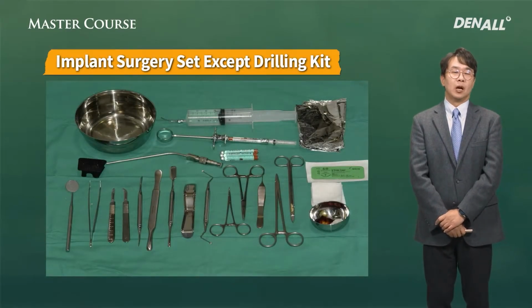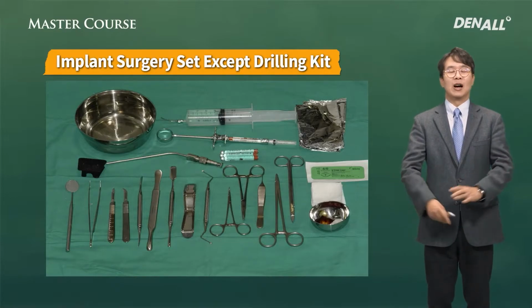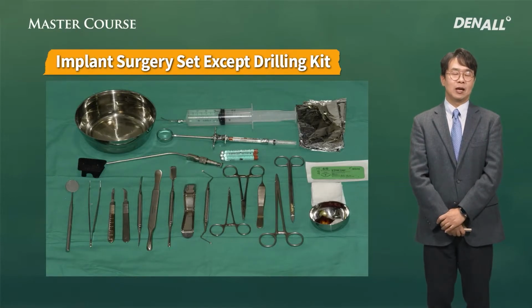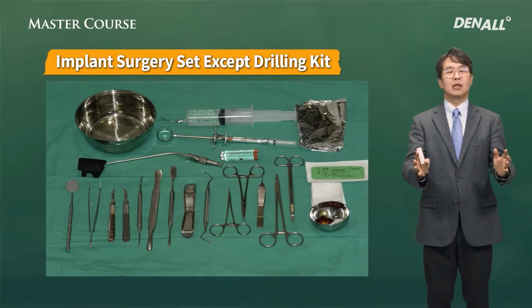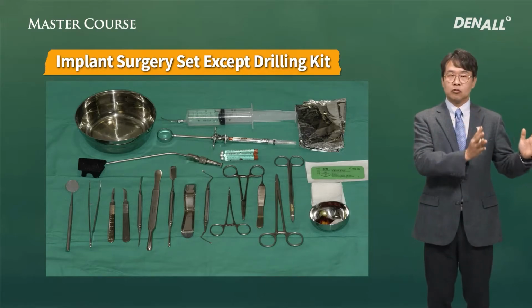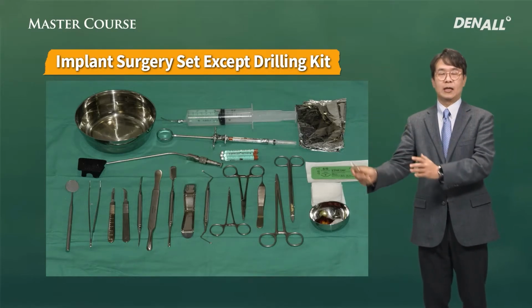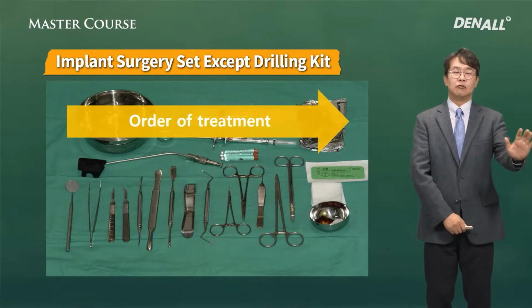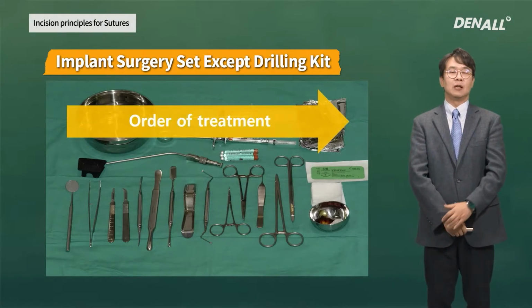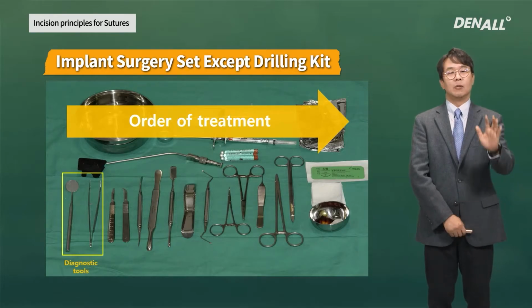Preparation for implant surgery is important, as I said before. In the sequence of surgical steps, you need to order the instruments: diagnostic tools, incision instruments, flap elevation tools, and suturing instruments.